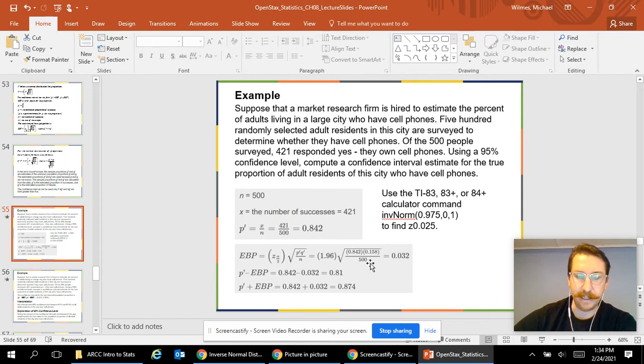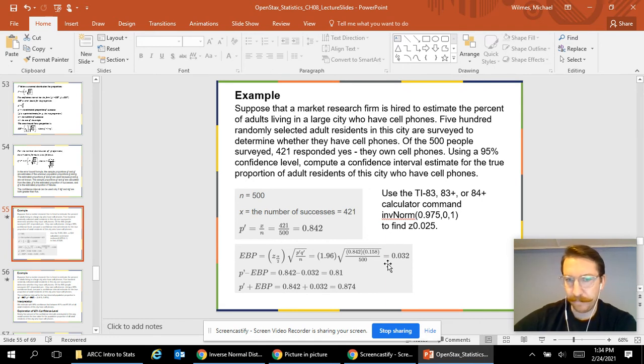Then we need to calculate the standard deviation. To do that, we take the square root of the chance for success, 0.842, times the chance for failure, which is the opposite: 1 minus 0.842, 0.158. Then we divide by the number of people in our sample, 500, and we calculate all of that to be 0.032.